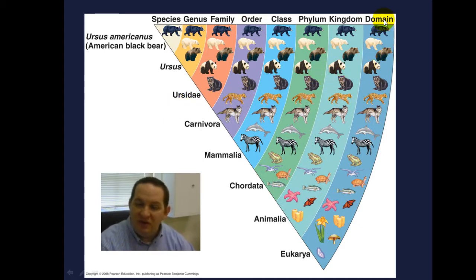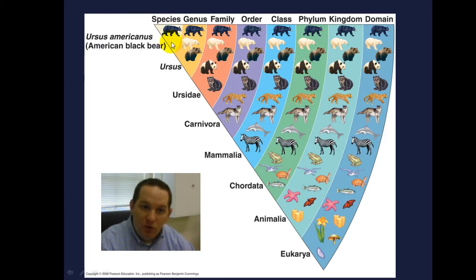You can see that this hierarchy is divided into domain, kingdom, phylum, class, order, family, genus, species. Each animal is classified by their genus and species name. So you can see the American black bear that we were just looking at, Ursus americanus, is made of a genus and species name. This is the two-name system, or the binomial nomenclature, that we use to classify the American black bear.